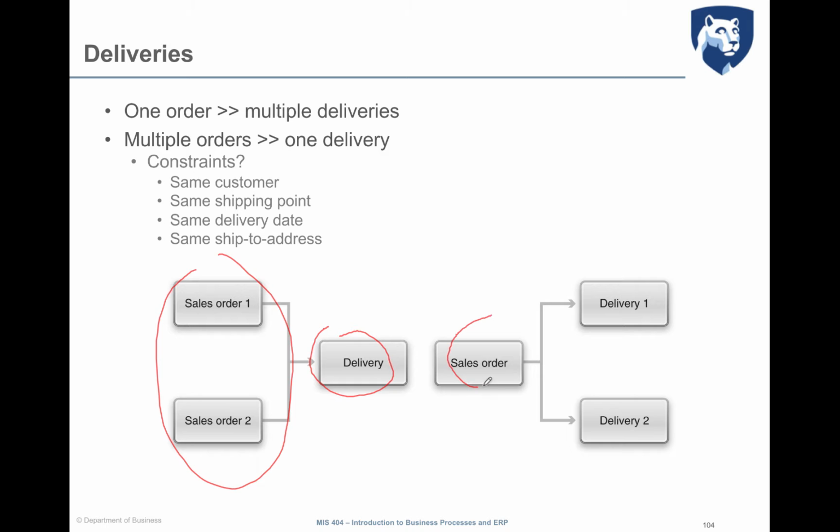In case a sales order needs a different shipping point or delivery date, it is necessary to split the sales order into multiple deliveries. So the information provided in the sales order has an impact on how delivery can be more or less optimized and distributed across different geographical areas.